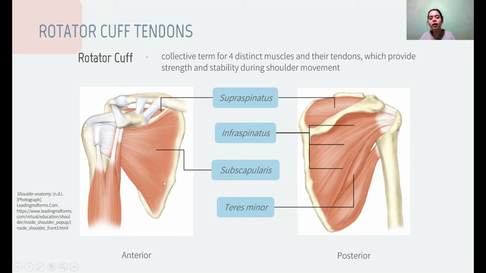And when it comes to front view, this one muscle is the subscapularis, and over here at the back, well, you could also see the supraspinatus for the front, but mostly it's at the back, just as the infraspinatus and the teres minor. They're at the back, so we can talk about that later.